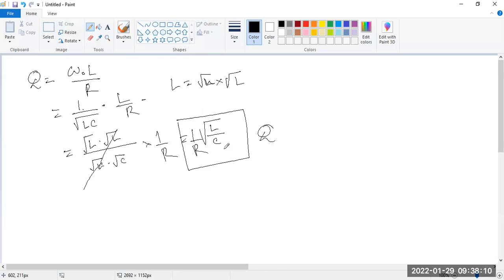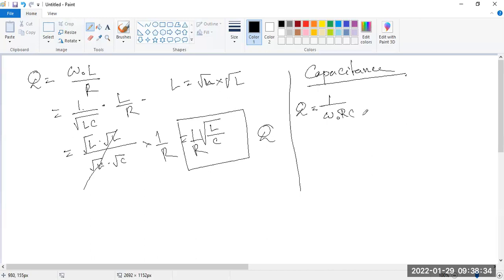If there is a circuit where we have a capacitor and inductor both. Same way for the capacitor, Q equal to 1 by omega naught RC, where omega naught is 1 by root LC.